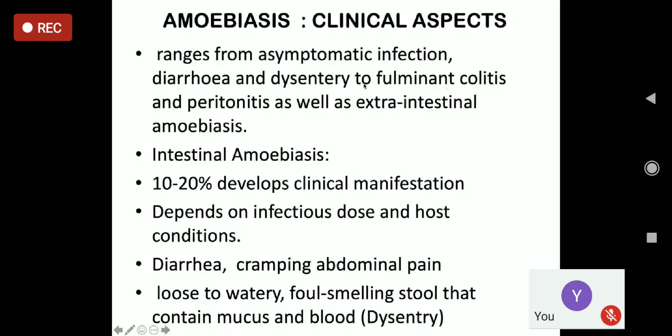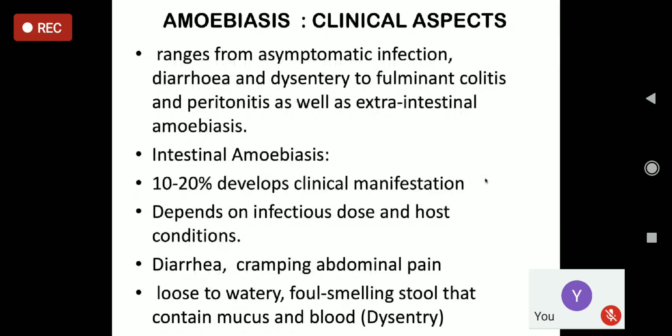Now, another important point while talking about the clinical part of amoebiosis: in most cases, the patient remains asymptomatic, which is very important from an epidemiological point of view, because these asymptomatically infected persons are the main reservoir or main source. They are continuously shedding the cysts of these amoebae in their stool, which could be the main source of infection.